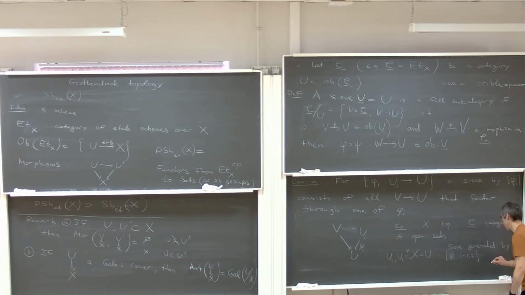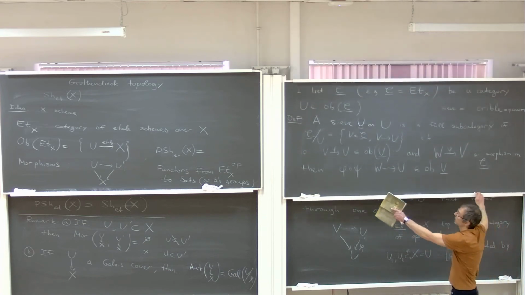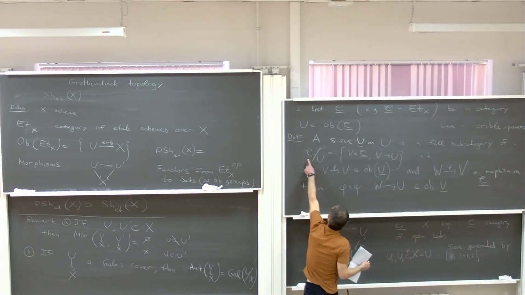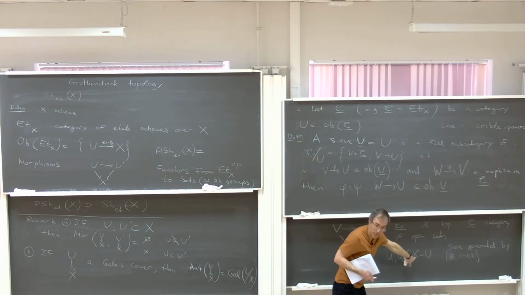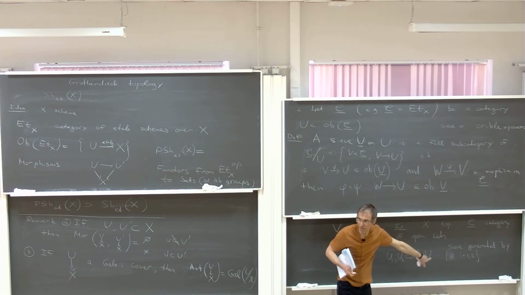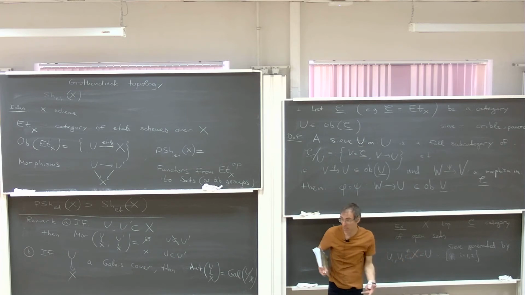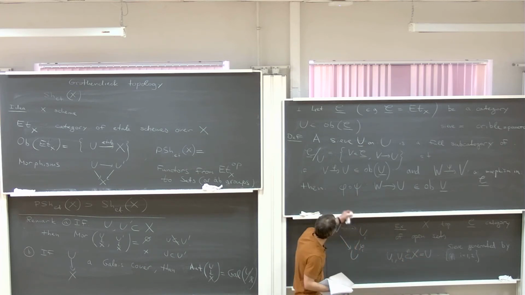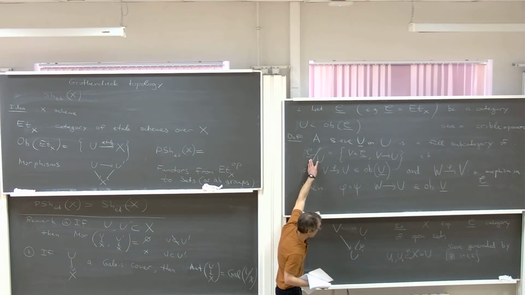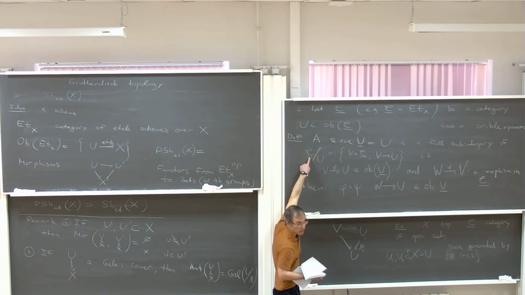So this is a subcategory of the category of objects over U, but my U is X. X is a final object in the category of open sets. Every open subset of X admits a unique morphism to X. So that means that this category is just the category of open sets.